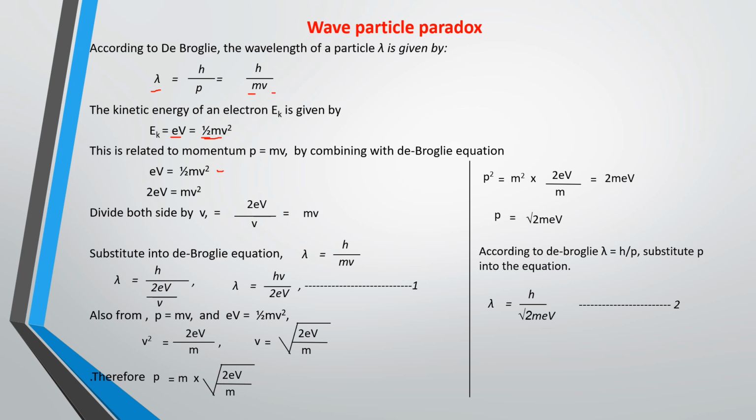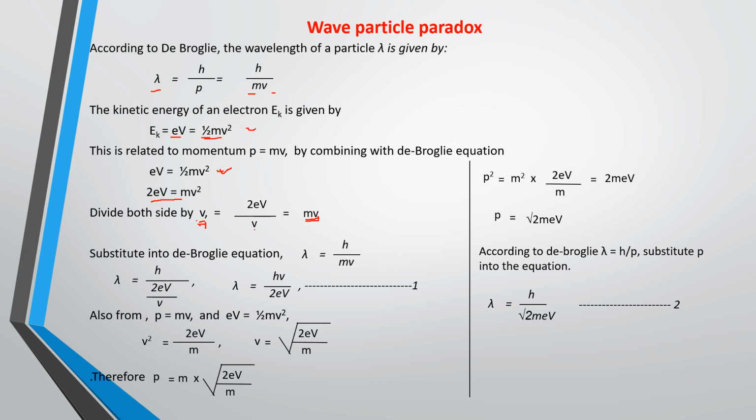Now if you divide both sides of this equation by v, which is the velocity of the particle, you will have 2eV all over v equals mv. Now remember that mv is momentum.